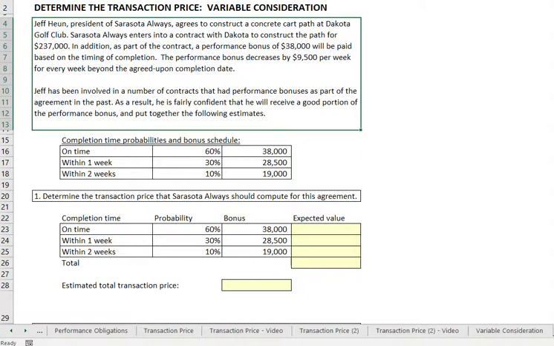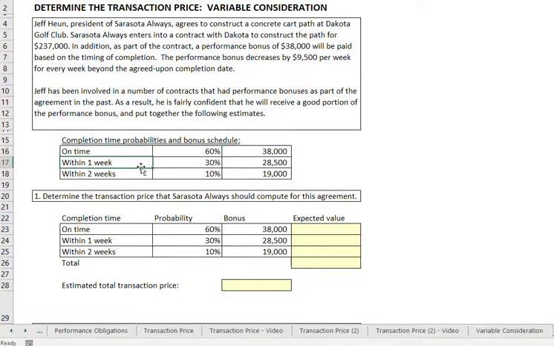And Jeff has been involved in a number of contracts that had performance bonuses as part of the agreement. And as a result, he's fairly confident that he'll receive a good portion of the bonus and has put together the following estimates. So again, notice experience with this type of contract and can make reasonable estimates. On time, there's a 60% chance he expects the contract to be completed on time, where he will receive the full $38,000 bonus.